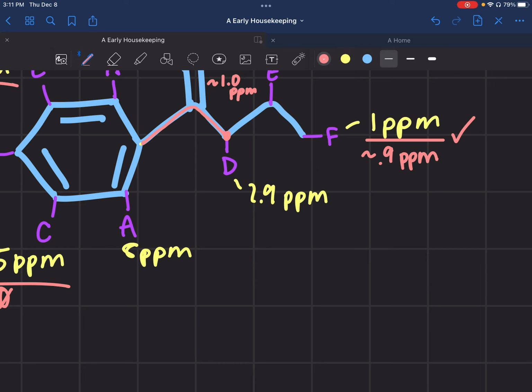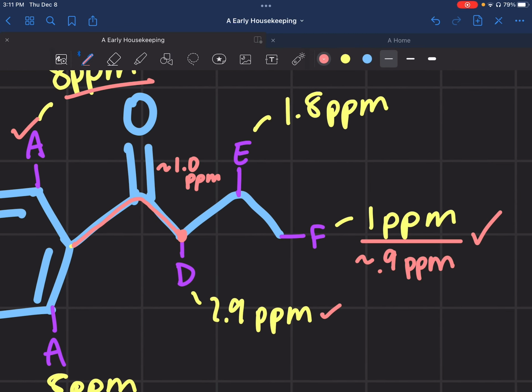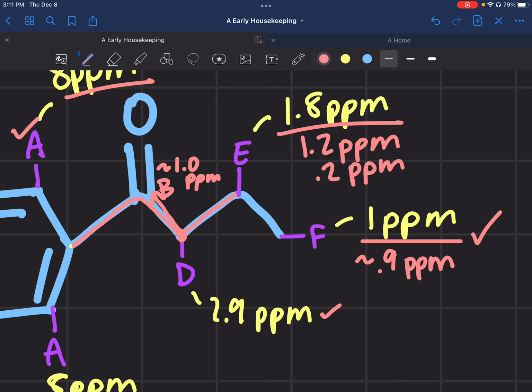Let's do E next. I think E is the last one we have to do. For E, it's another methine. We start with 1.2 ppm. Now we are beta to this carbonyl group, so we're going to add 0.2 ppm, roughly 20% of the 1 ppm associated with a carbonyl.